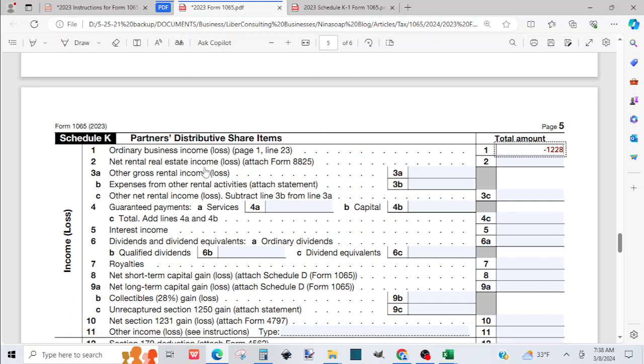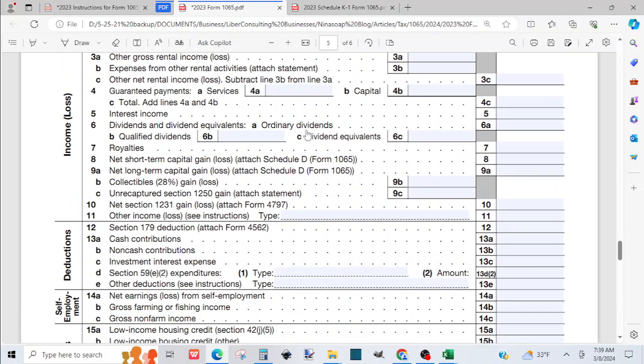Line 2, rental income or loss, we leave it alone. Line 3, we leave it alone. Pretty much we are going to scroll through, and we discussed those earlier.